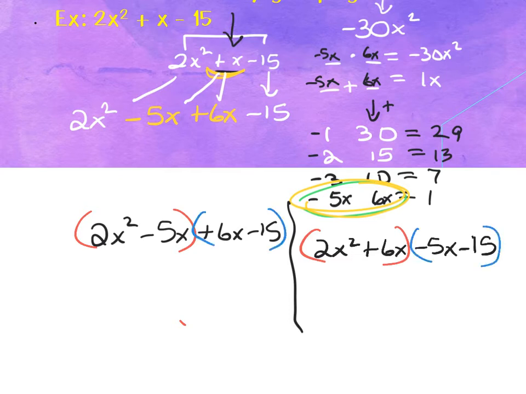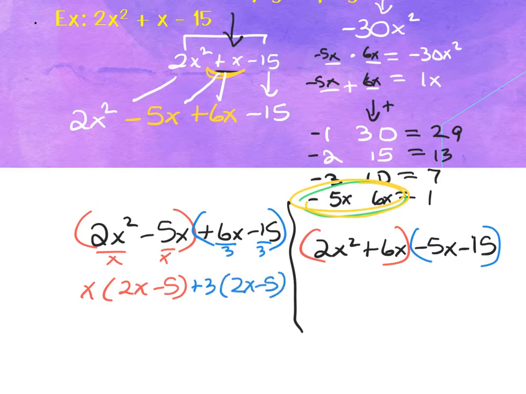And now we factor by grouping. GCF of red is going to be x. GCF of blue is 3. And now remember, these need to look the same, which they do.